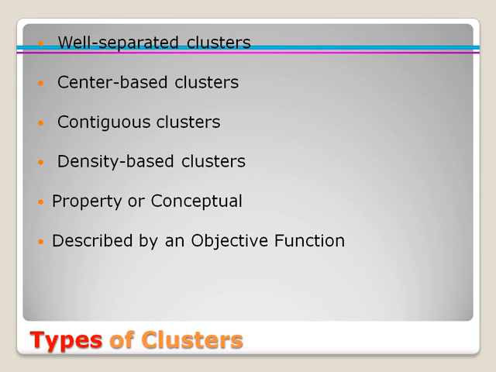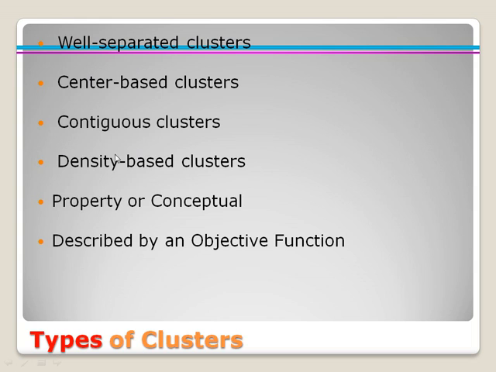So what is different type of clusters? Well separated clusters, that very pure. Each cluster has its objects, and there is no relationship between the object in that cluster with another object in the second cluster. Second one is center-based cluster, so the objects are centralized and related to the centroid point.